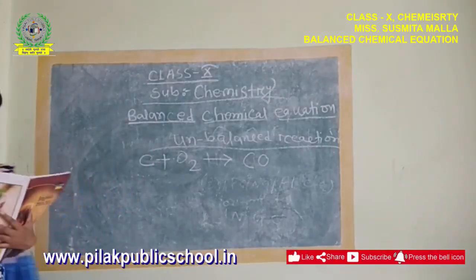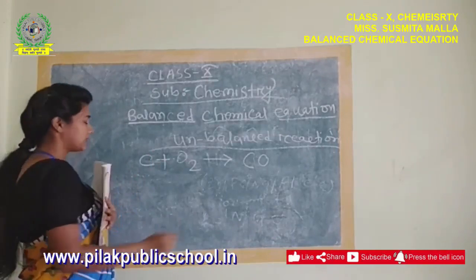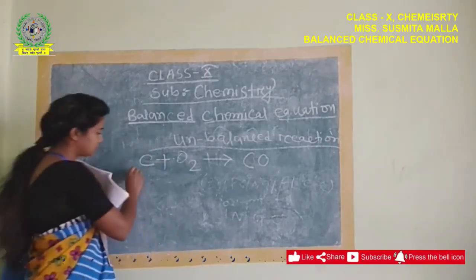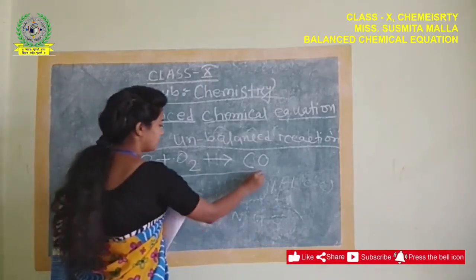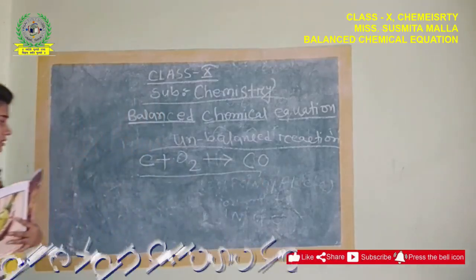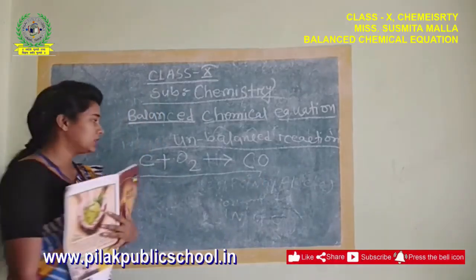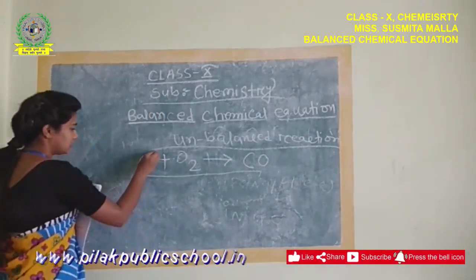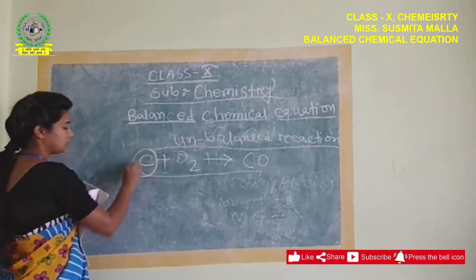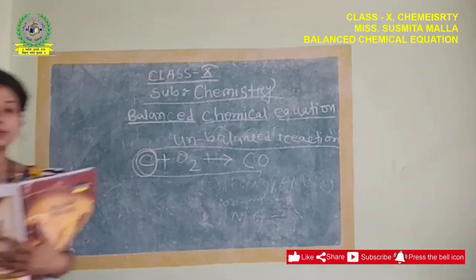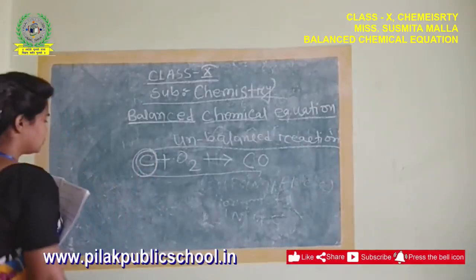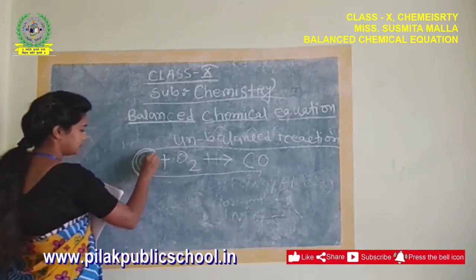So first of all, we balance metal elements. As you see in the reaction, there is no metal element. So we come to the second step, non-metal element. We see in the reaction carbon is a non-metal element. So we balance carbon.